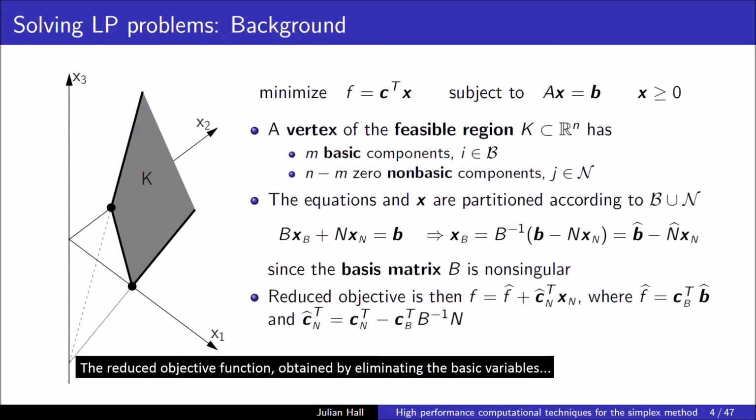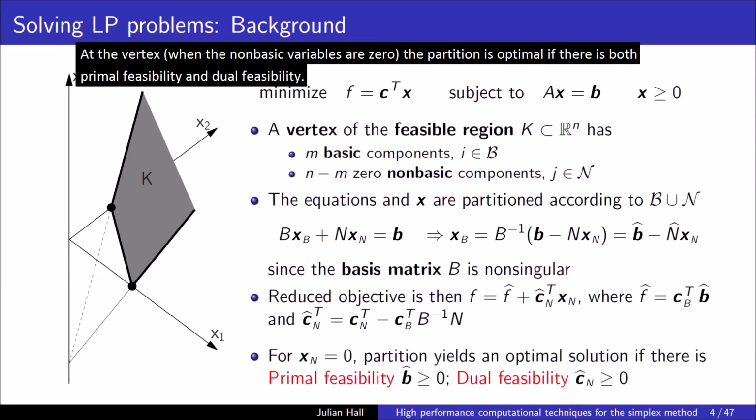The reduced objective function, obtained by eliminating the basic variables, is given by the objective value at the vertex, f hat, and the reduced costs, cN hat. At the vertex, when the non-basic variables are zero, the partition is optimal if there is both primal feasibility and dual feasibility.